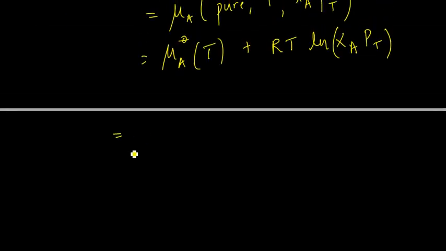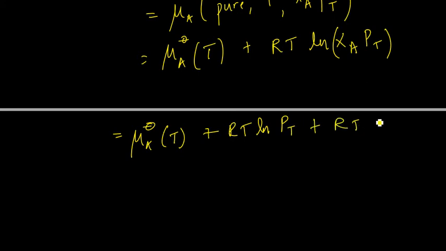Which is nothing but mu A naught T plus RT log PT plus RT log of XA, right?